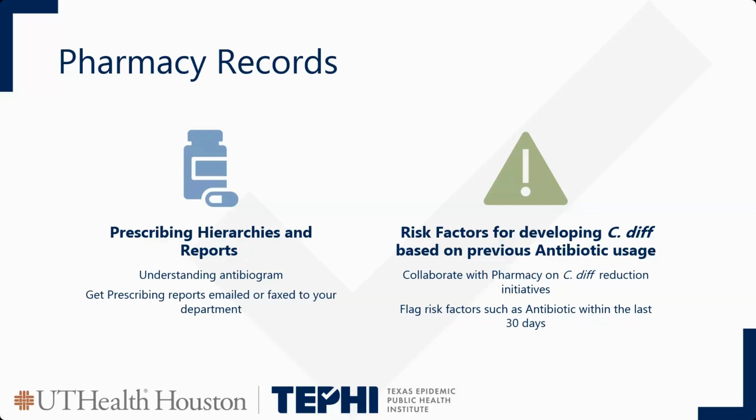Pharmacy is a great way to look at that and work together with the infection preventionist, the pharmacy, and then the attending provider, the lead provider on the case, to make sure that we are all on the same page, that the patient has been identified as potentially developing C. diff, and we are doing things to try to mitigate those risk factors.